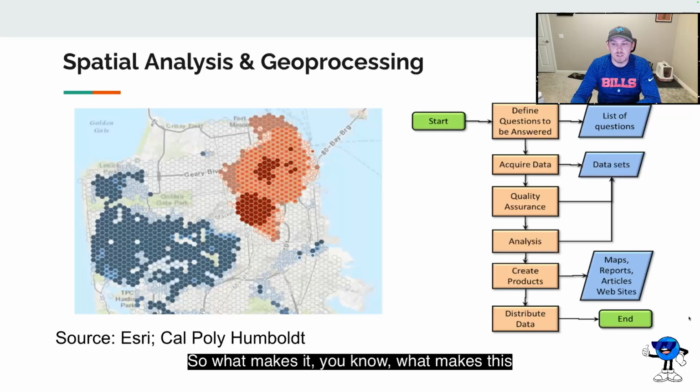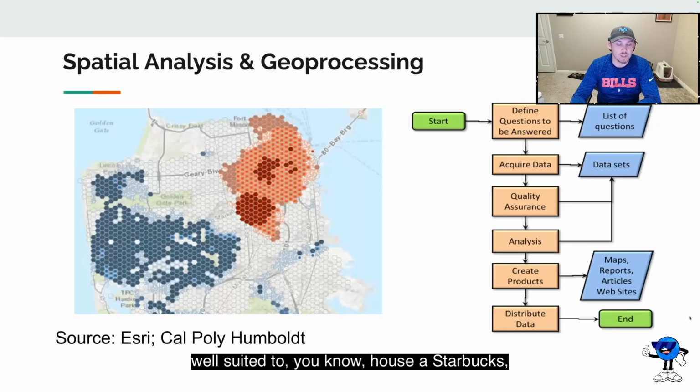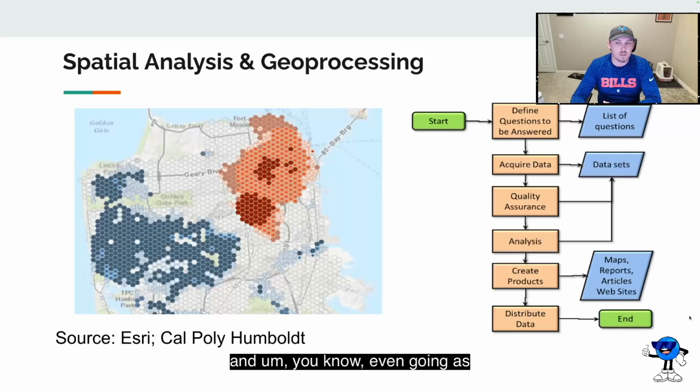So what makes this particular area good for farming, versus what makes this particular location well suited to house a Starbucks, basically. It's going through and analyzing different attributes, and even going as far down as what the actual terrain looks like.